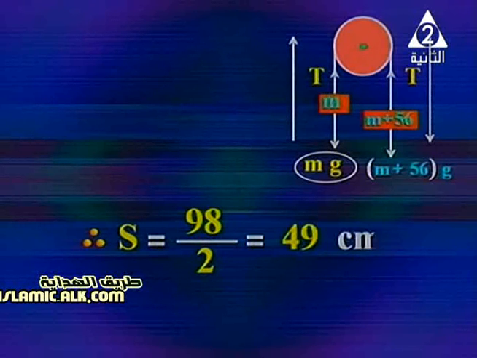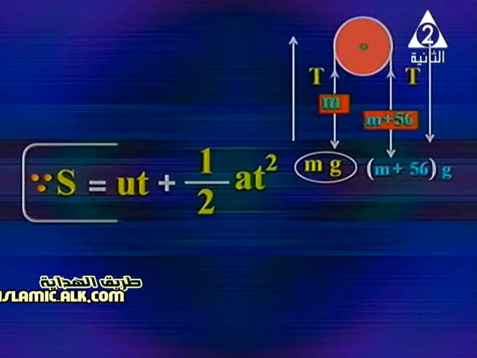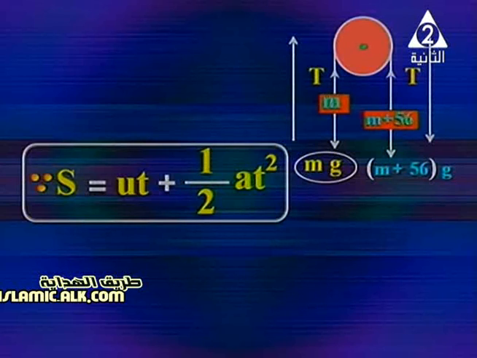Then S equals 98 over 2 equals 49 centimeter. Remember, S equals ut plus half at squared. The distance divided by 2. Why? Because it is 2S divided by 2.